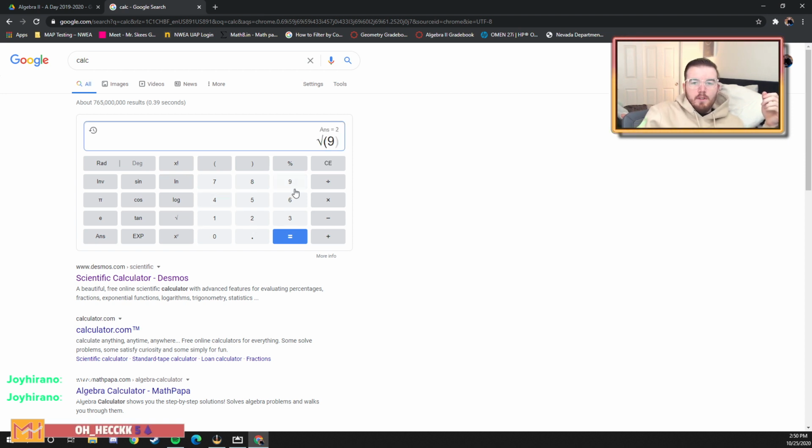We know the square root of 9 is 3. Why is that? Well, the square root, we're looking for a number that when you multiply it by itself gives you 9. So the square root of 9 is 3 because 3 times 3 is 9. And the square root of 16 is 4 because 4 times 4 gives you 16.